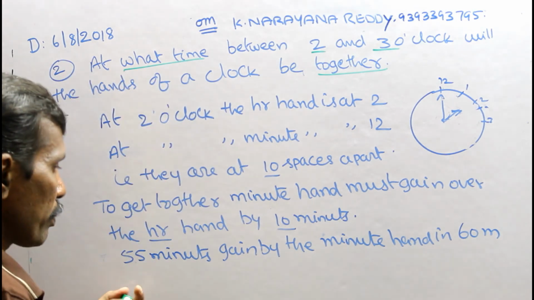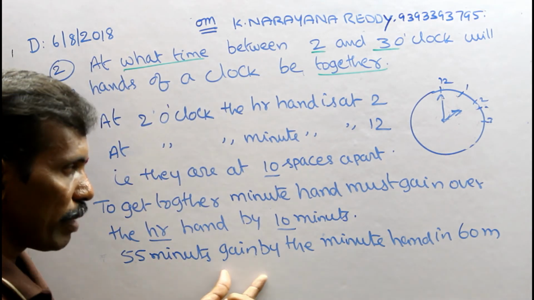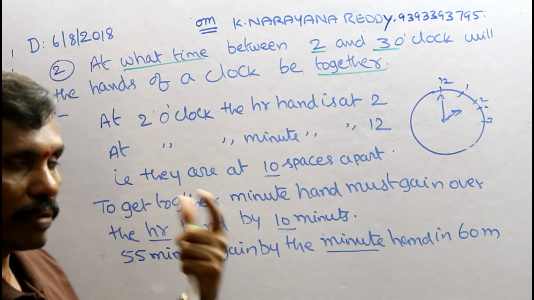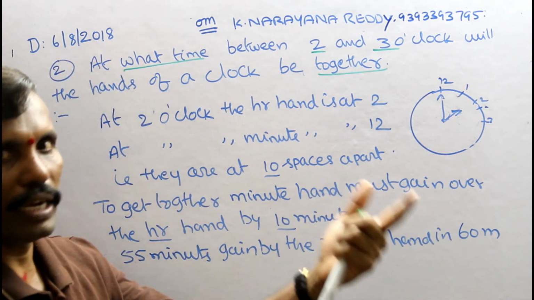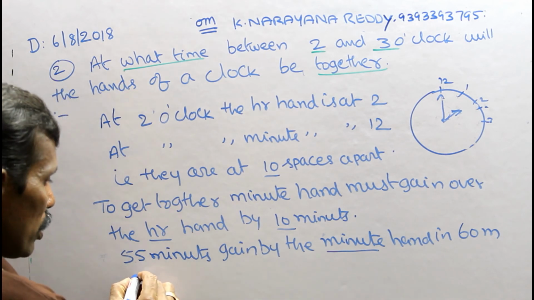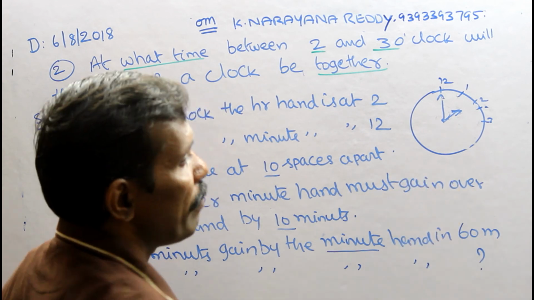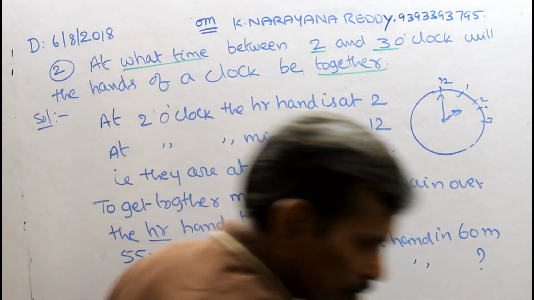Please listen carefully. 55 minutes are gained by the minute hand in 60 minutes. So 10 minutes gained by the minute hand takes how many minutes? That's the answer. You have to find out. Simple.